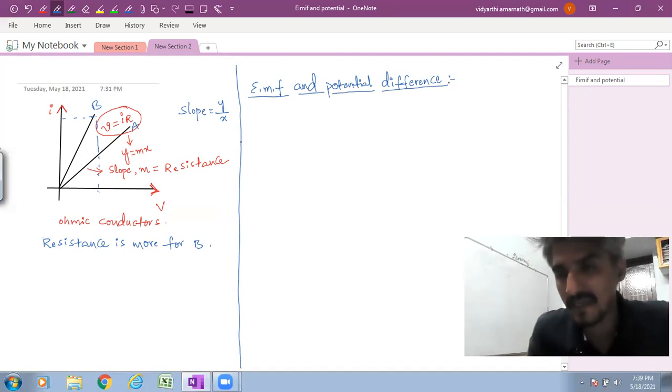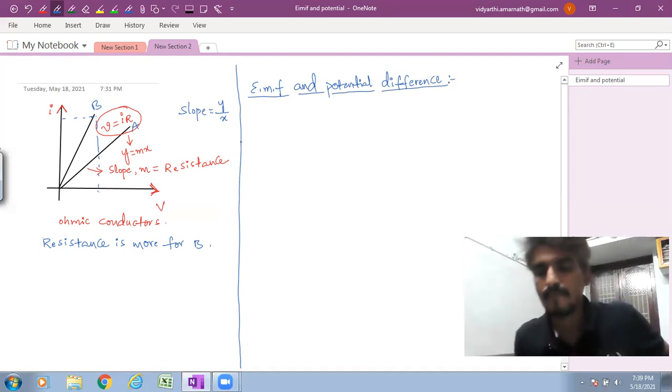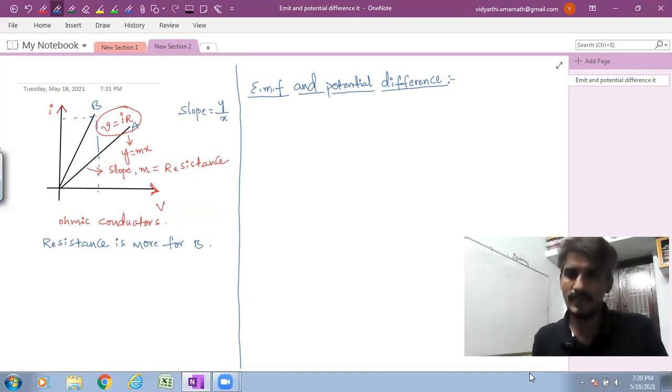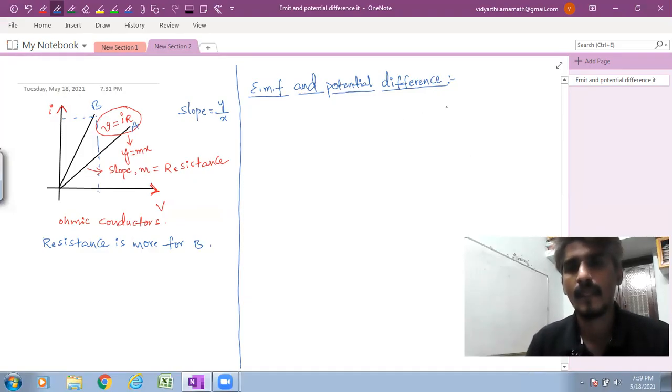See, EMF is actually generated by a battery. Yes or no? So inside the battery, what happens? EMF is produced by a battery. And in that battery, some chemical will be there, right? See here, let us take this is a battery.